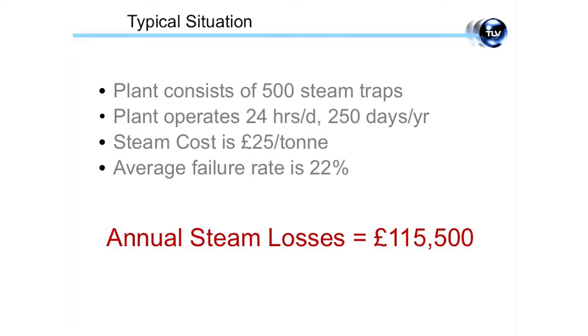And the current failure rate is 22%. Again, the failure rate is the average that we find when we first survey on sites. It's not a made-up figure, it's not a high figure. In that situation, the steam losses will be just over £115,000, just on wasted steam.